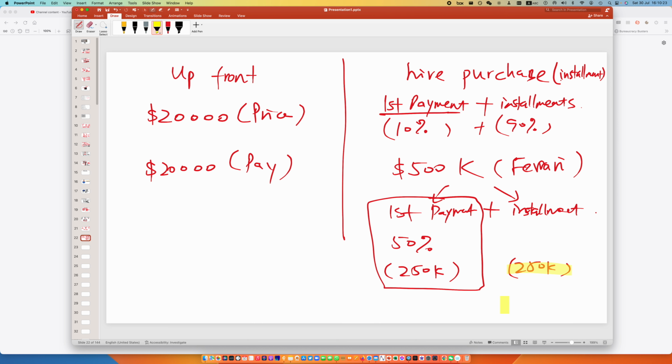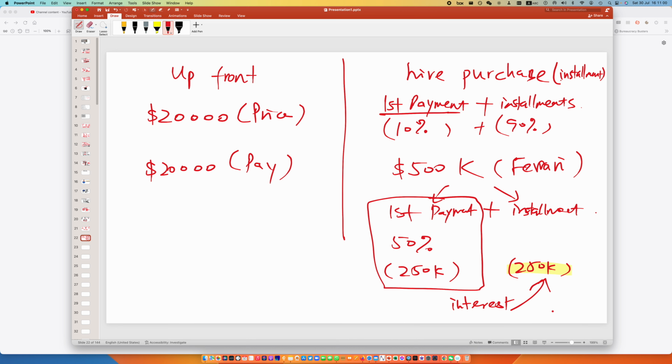The interest will always apply to the money that person owes me. The money that person has paid off, no need to pay interest. That's why whenever you buy things upfront, you don't pay interest. But whenever you use the hire purchase scheme, you start to owe people money, in this case the bank. You owe people money, of course the bank will charge you interest.